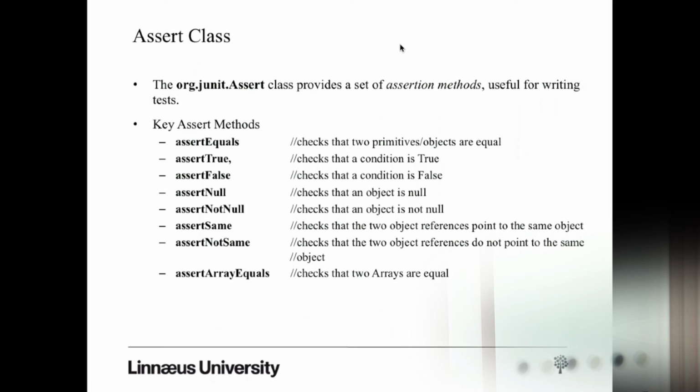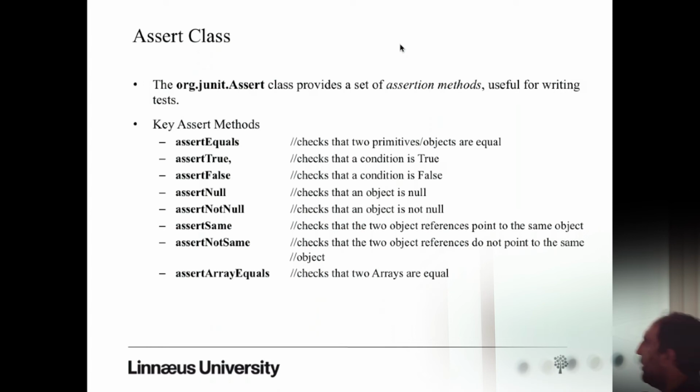For Boolean-returning methods, or if you have a condition that you want to test, you can use assert true, and assert false if you want to test for the false value. And if you want to test whether an object has a null reference, then you can use assert null. So you can have different kinds of testing.